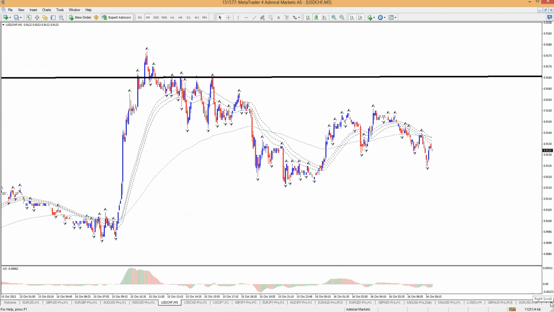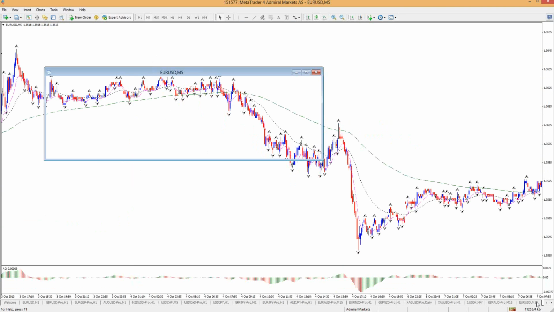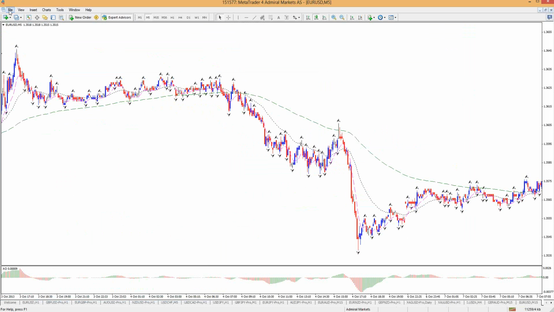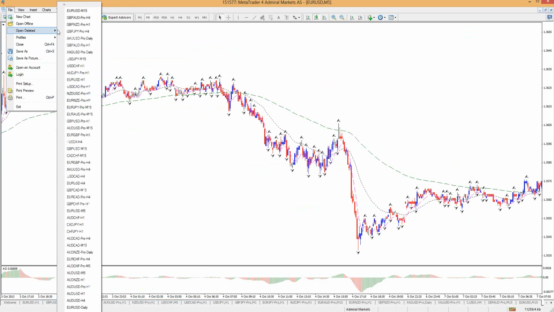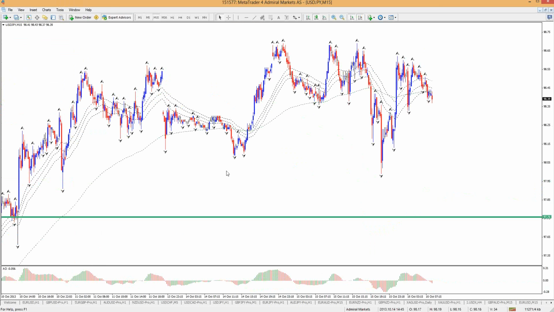Let me start with the dollar yen if I can find it. I don't know where my dollar yen went. Must have deleted it by accident. There it is.